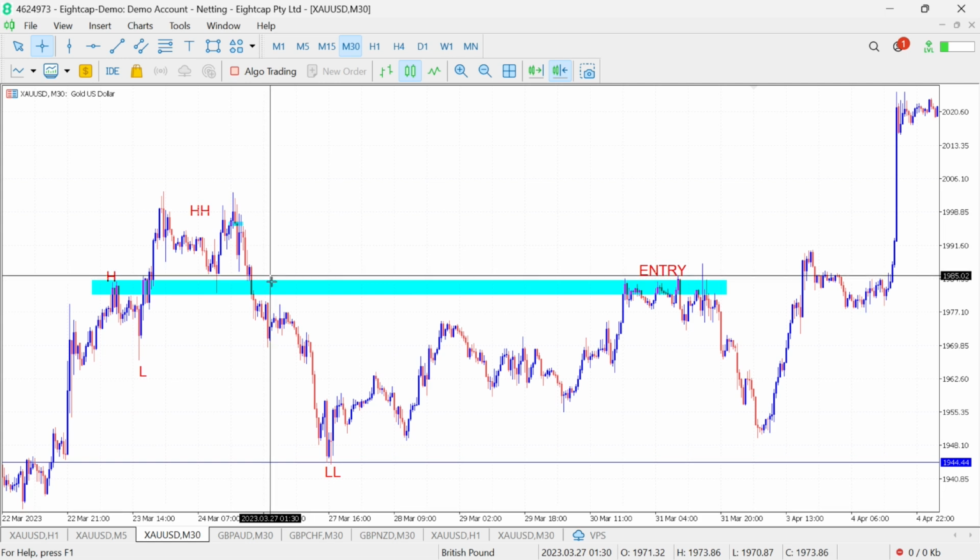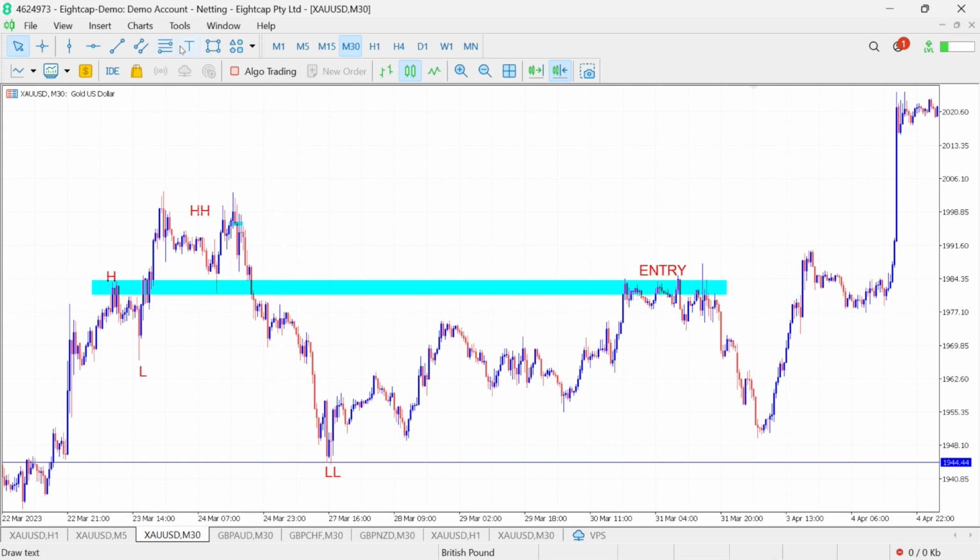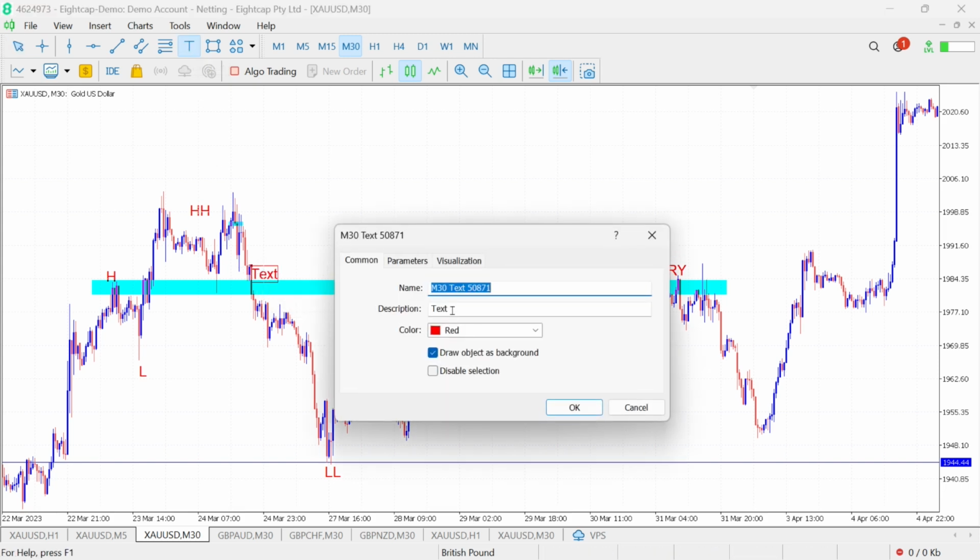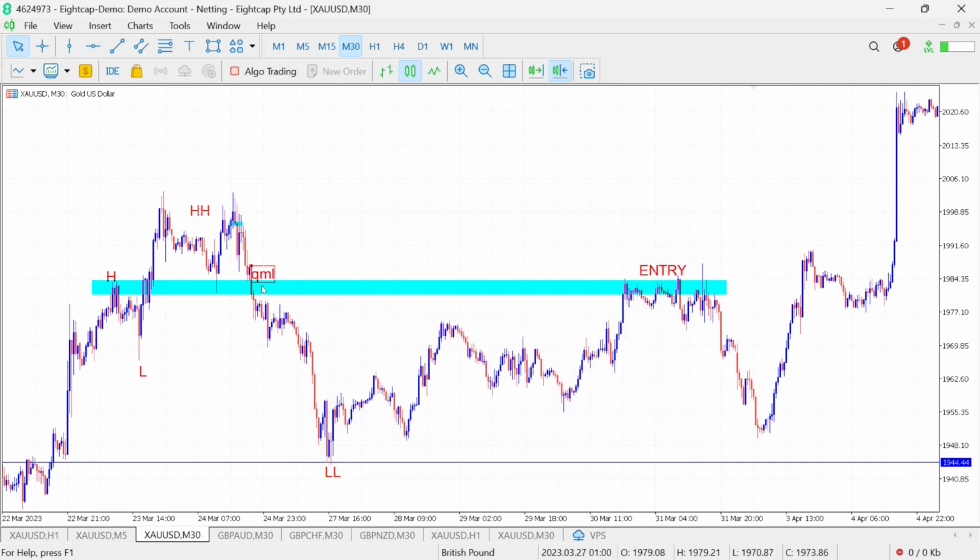Now you can call this supply zone your QM level. You understand? Your QML. And as you can see right here, when price reversed, at first, let me highlight the demand zone. So from this point all the way here.